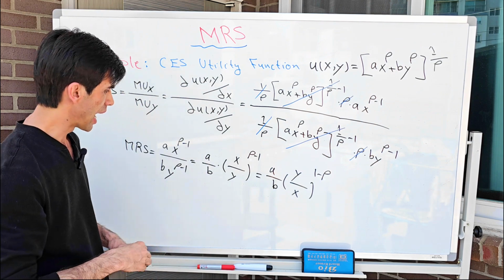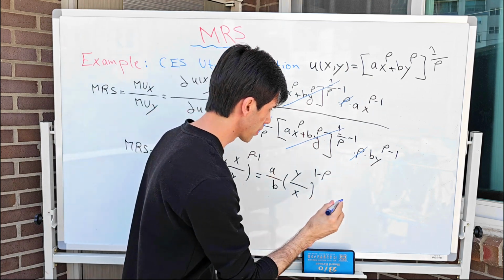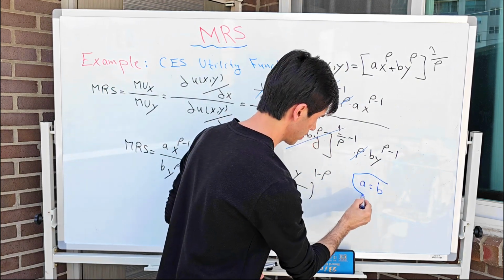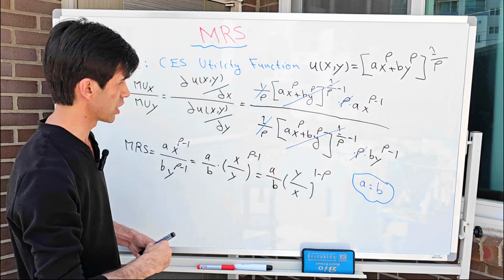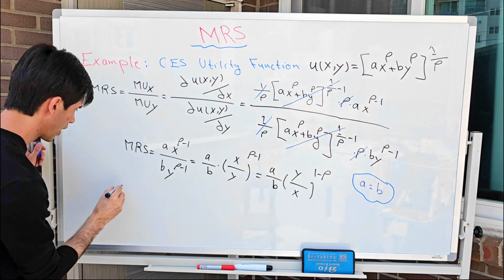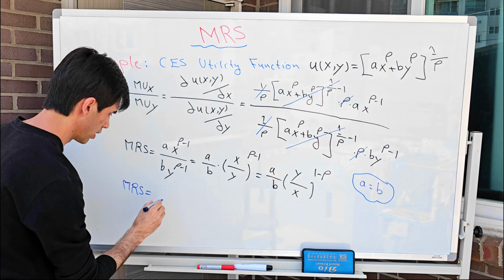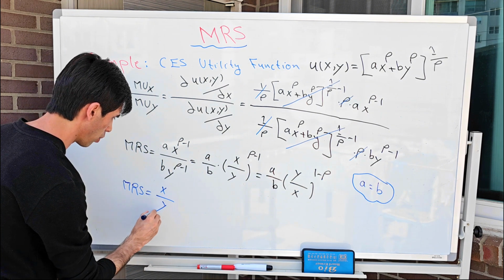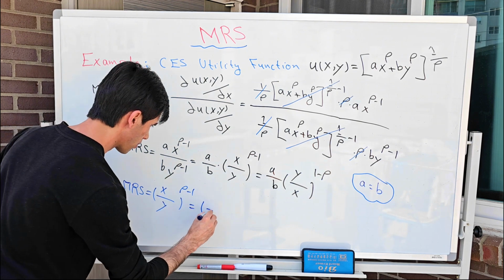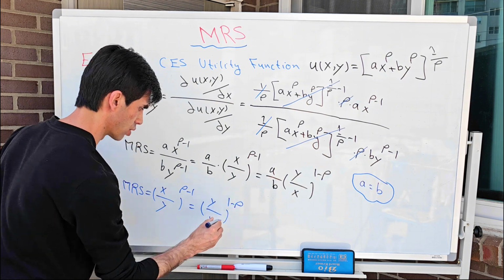Now, if we have a kind of CES utility function where a is equal to b, then what will happen? The marginal rate of substitution will remain only with that portion, (x divided by y) to the power of rho minus 1, or (y divided by x) to the power of 1 minus rho.